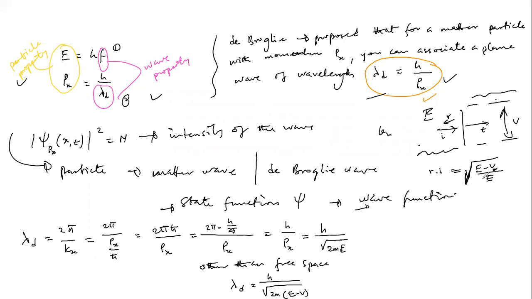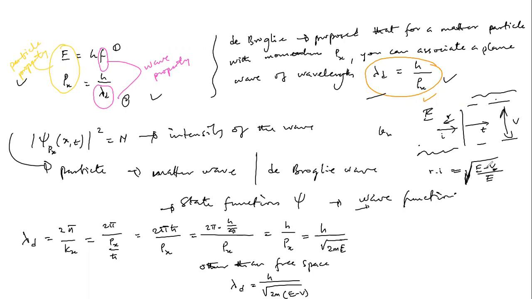So as this varies, this may reduce to 1. For charged particles such as electrons and ions, electrostatic potentials can be used to manipulate the de Broglie wavelength.